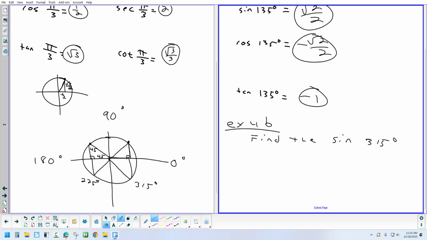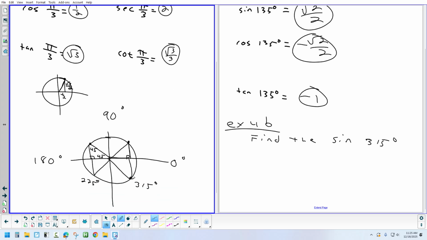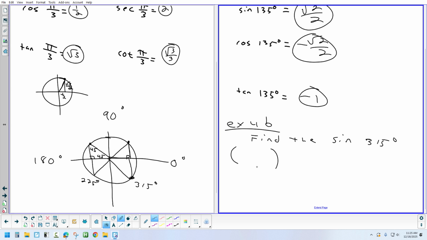And 315 is when you draw the 45, 45, 90 in quadrant 4. So what's the coordinate of 315? Positive root 2 over 2, negative root 2 over 2, and now they just asked for one specific thing.